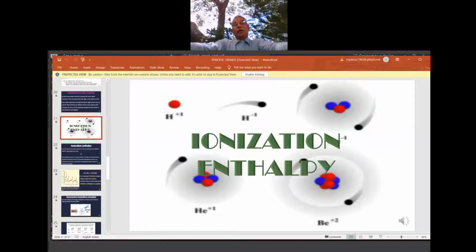Or if it wants to acquire the electronic configuration of argon, 2,8,8, then it has to accept 7 electrons. So now there are 3 options: losing 9, accepting 7, or losing just 1. Which is easy? Losing 1.